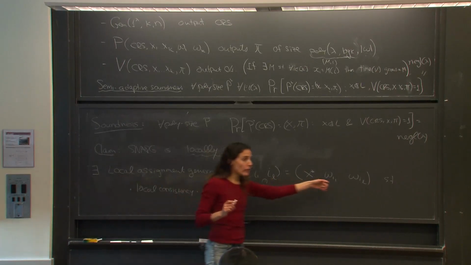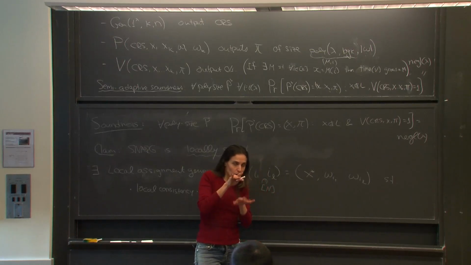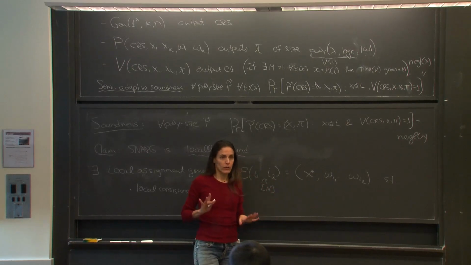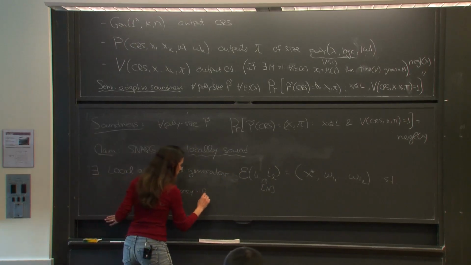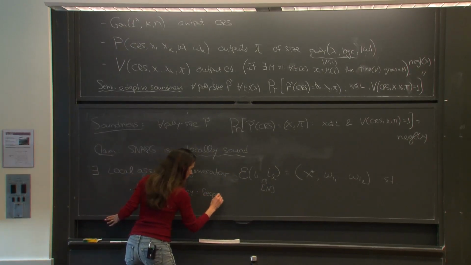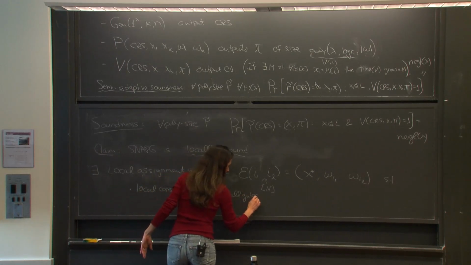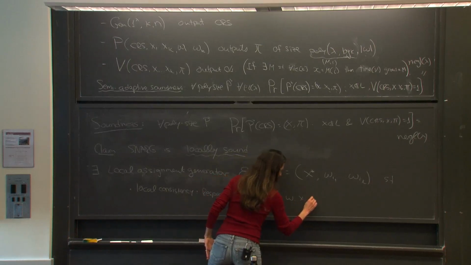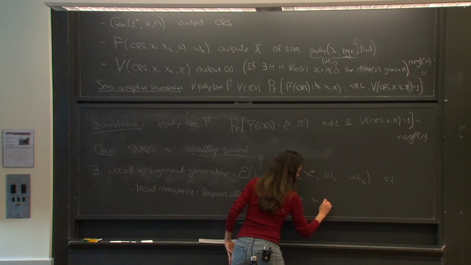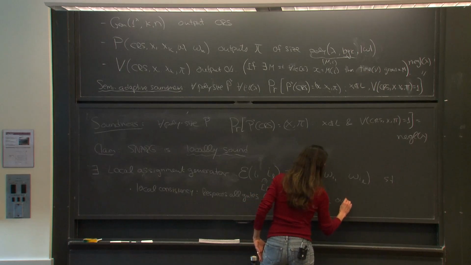And the output wire is a 1. And if one of them is connected to input wires, then it's consistent with the input wire. So local consistency just means it respects all gates, consistent with x1 up to xn and output 1.